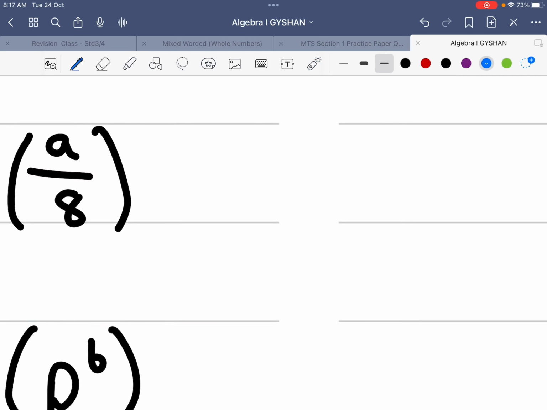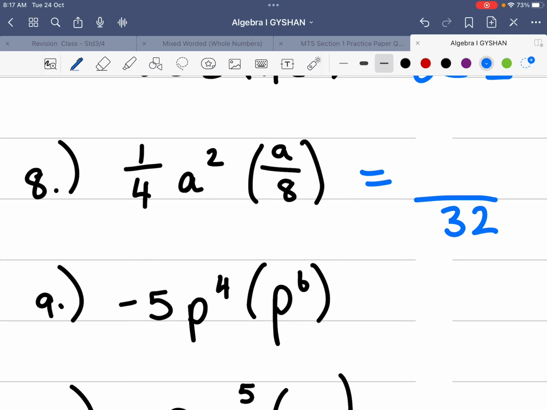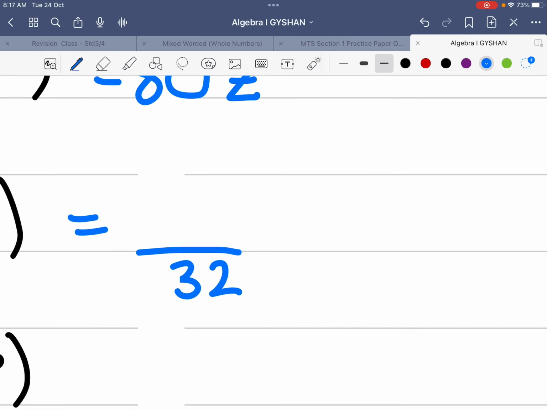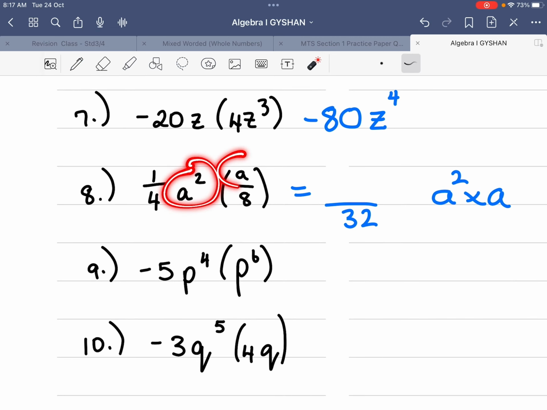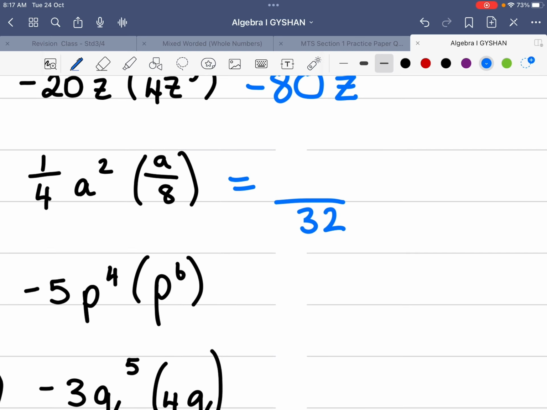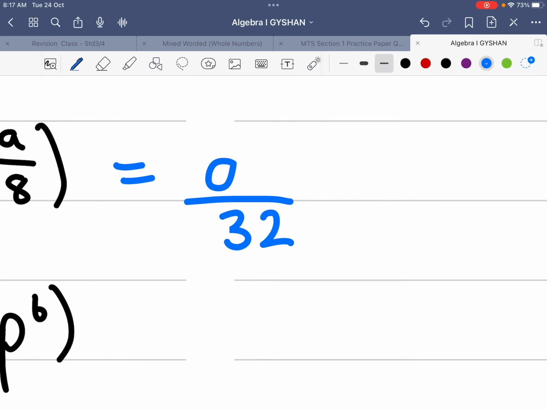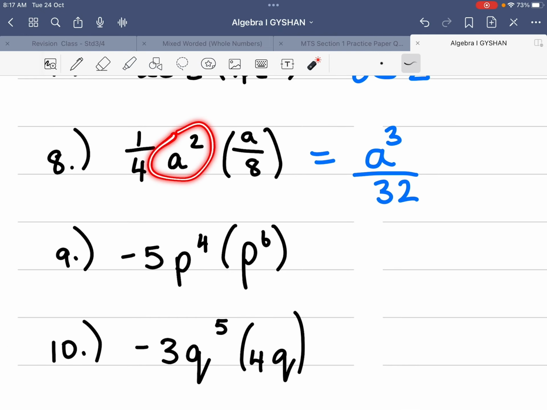So your denominator is 32. And the letters, a squared multiplied by a is a cubed. This is the numerator. So your numerator is a cubed. In this question, this looks like the denominator, but it's really the numerator.